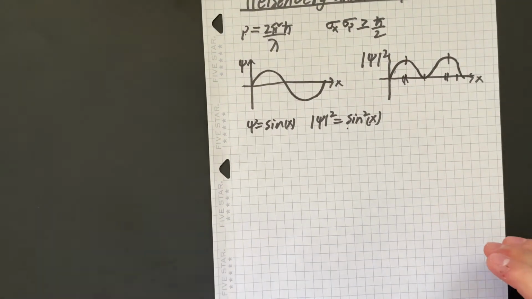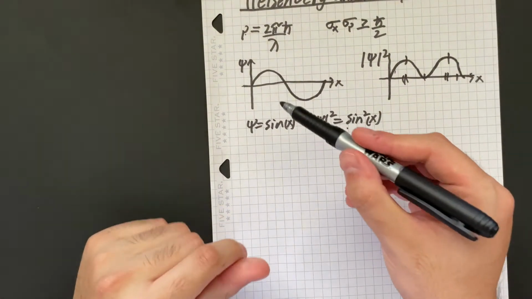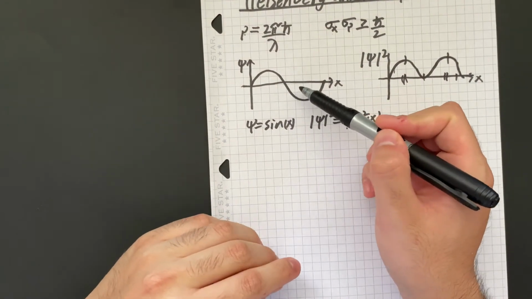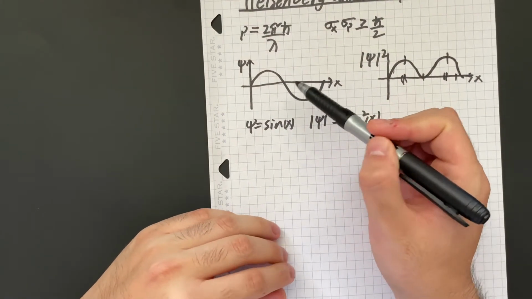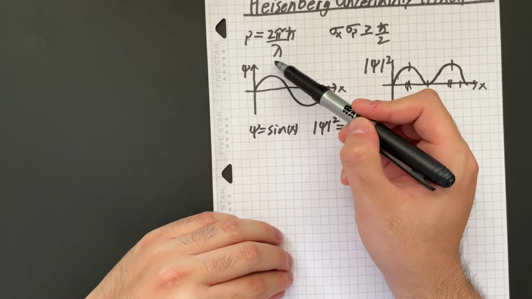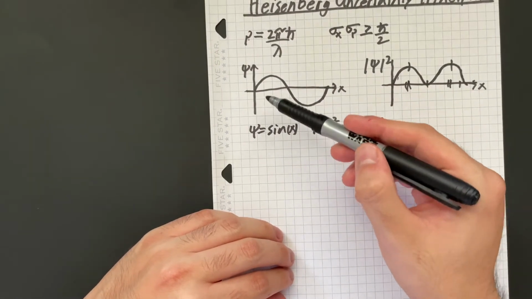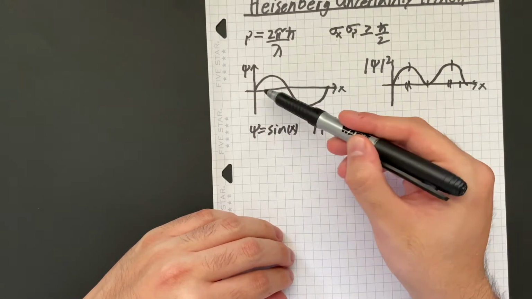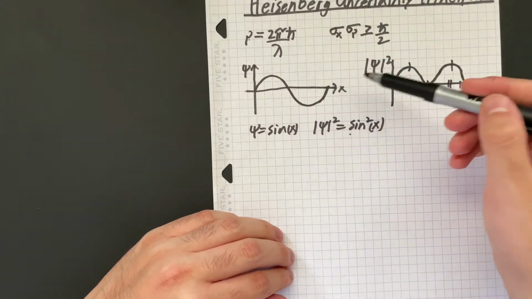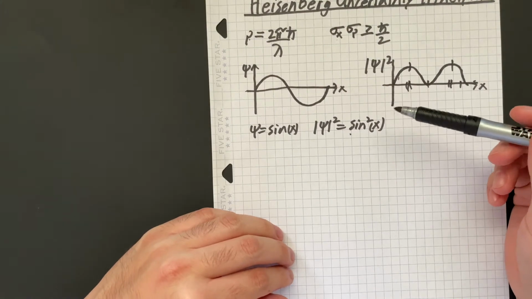Now, let's think of something else. Let's think of the wavelength of this sine. As we know, momentum is related to the wavelength. And we know the wavelength right here. The wavelength here is one wavelength, 1 meter or something.